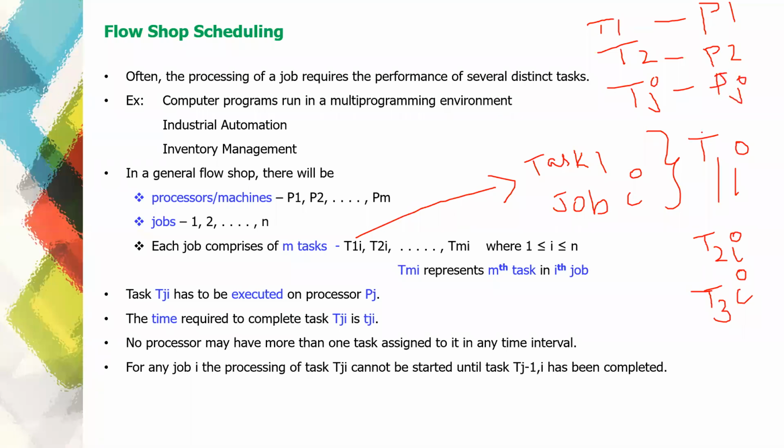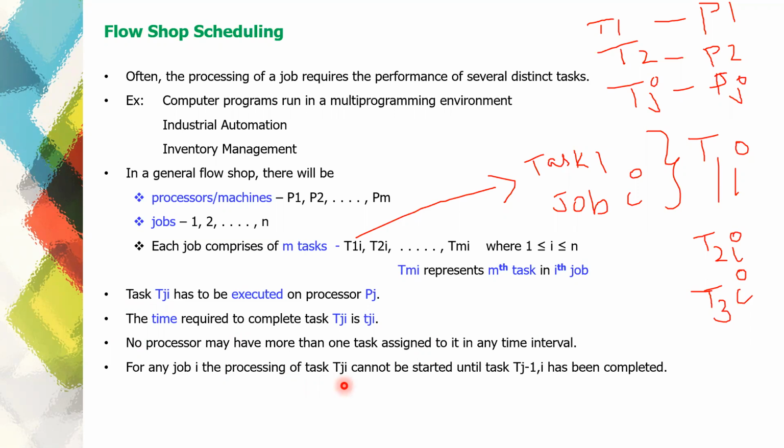So these are the 2 constraints that need to be followed while scheduling the jobs. As I said, task Tj must always be executed on processor Pj, and the tasks within a job must be executed in order.